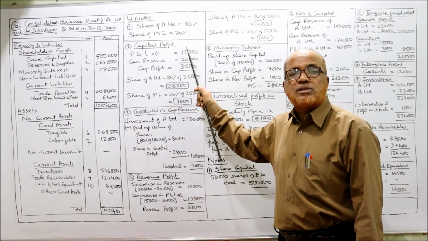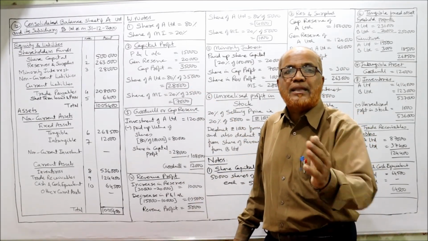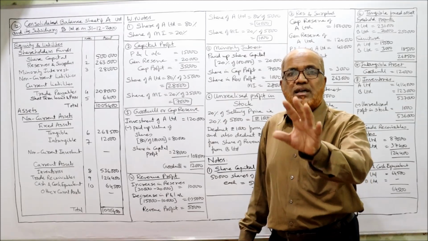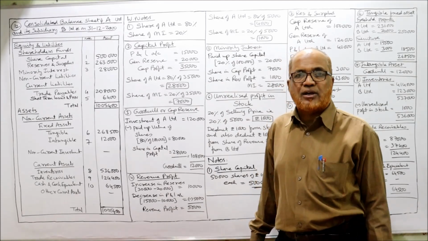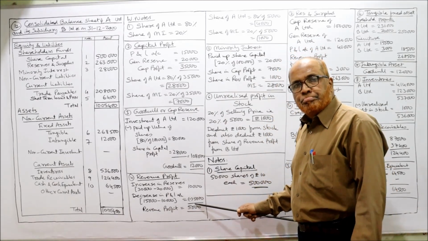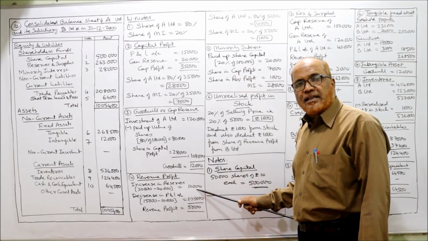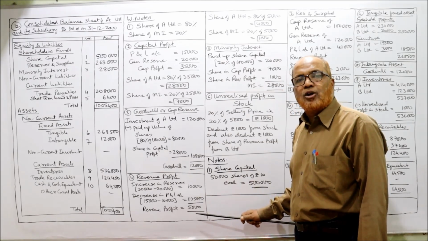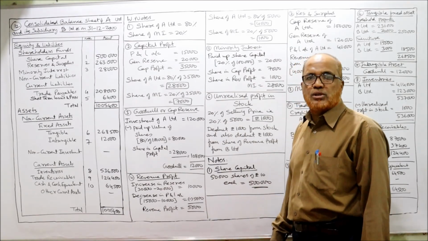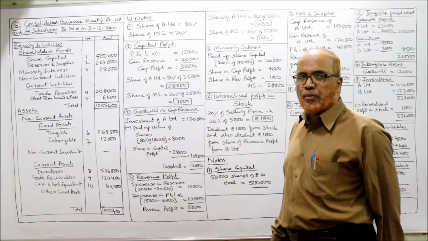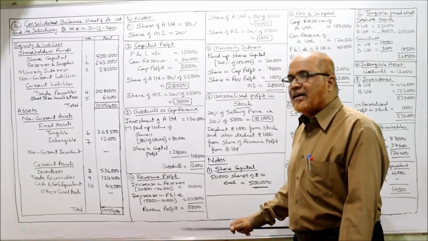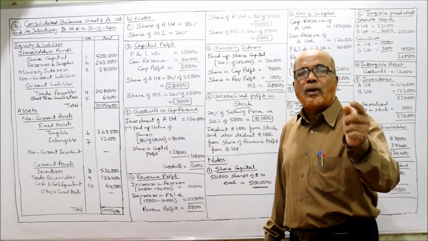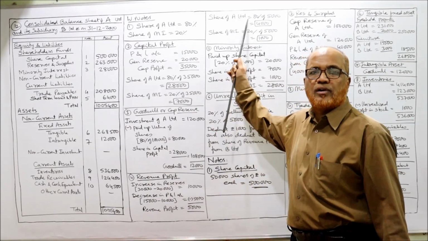From 15,000, it has been reduced to 10,000, a decrease of 5,000. The increase in reserves is 10,000, less the decrease in profit and loss account 5,000, so the revenue profit earned is 5,000. 80% of 5,000 goes to A Limited, 20% of 5,000 goes to minority interest.